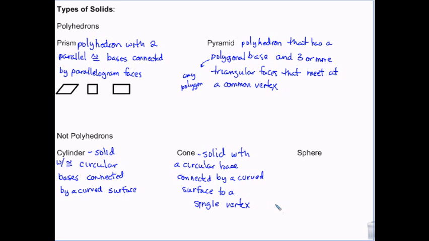But if you think of a waffle cone, you'll never forget the shape of a cone, right? We're very familiar with cones. We have had ice cream at some point, I'm sure.